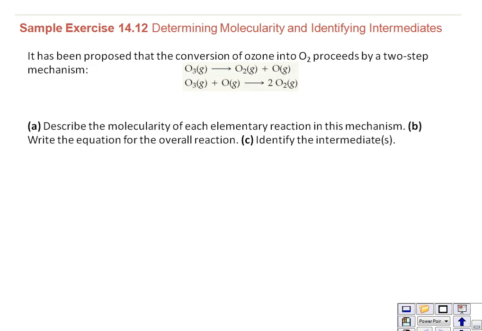Well, this guy only has one reactant. So for the first reaction, we would say this is unimolecular. This one has two reactants, so we would say this one is bimolecular.